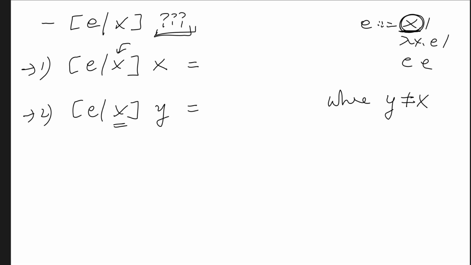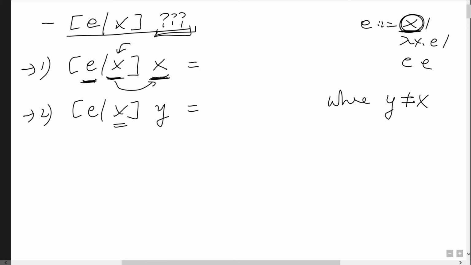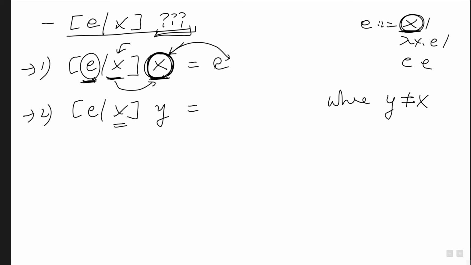According to the informal description of the substitution, you want to find this variable x inside this expression and then substitute this expression E. So you go to this expression and try to find variable x, and we have just found an instance. So you make a copy of this one and then replace it with expression E. So that's it.